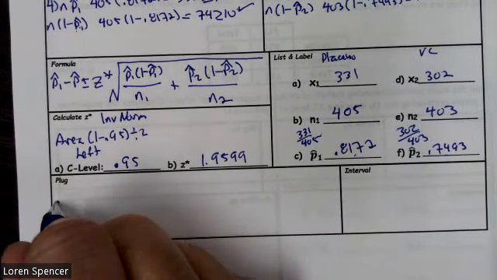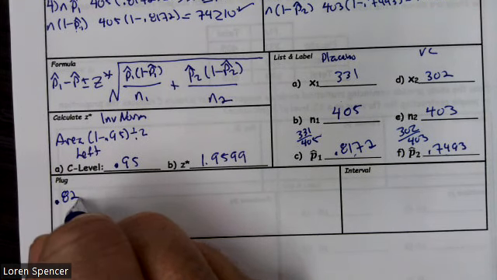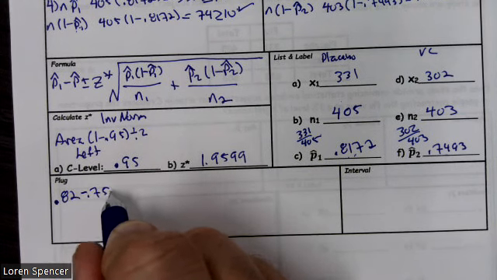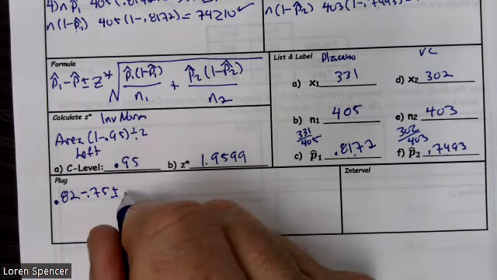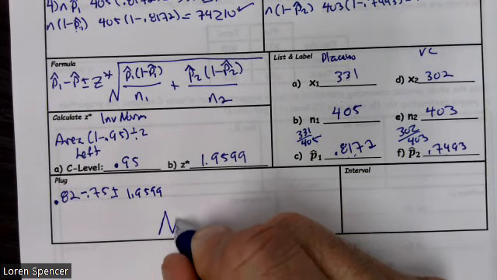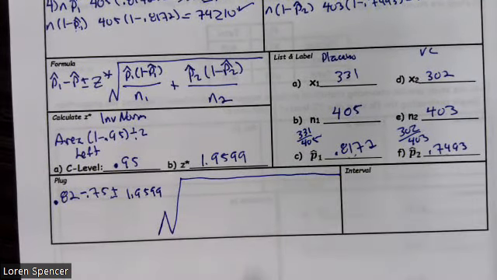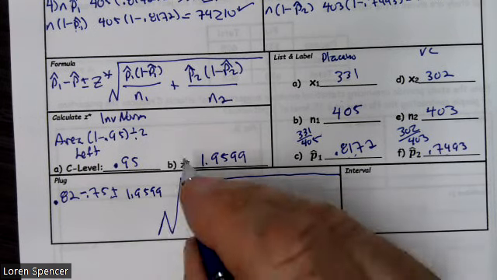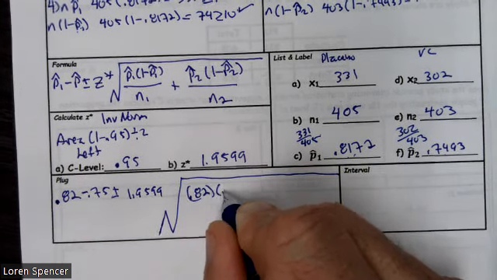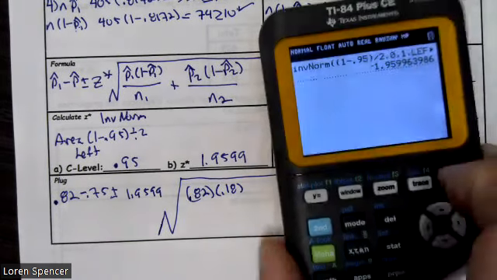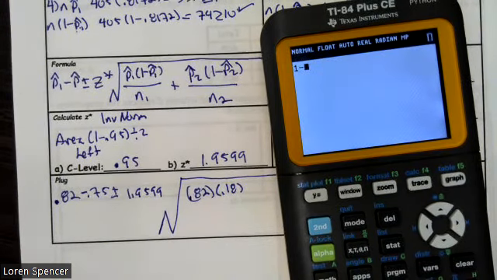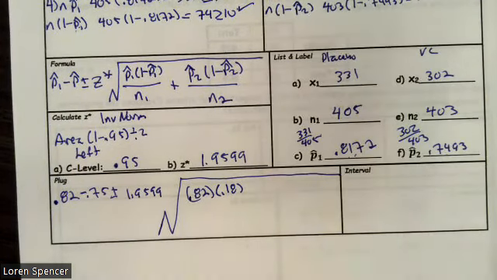So this is my p hat 1, 0.82 because I rounded, minus 0.75 plus or minus 1.9599 times the square root of p hat 1, 0.82, times 1 minus 0.82, which is 0.18. Here's where that came from: 1 minus 0.82. That's where the 18 came from.